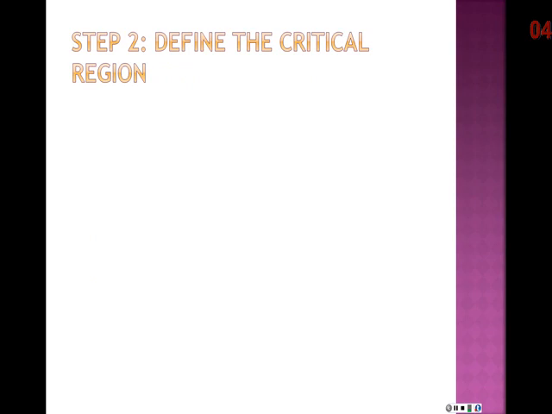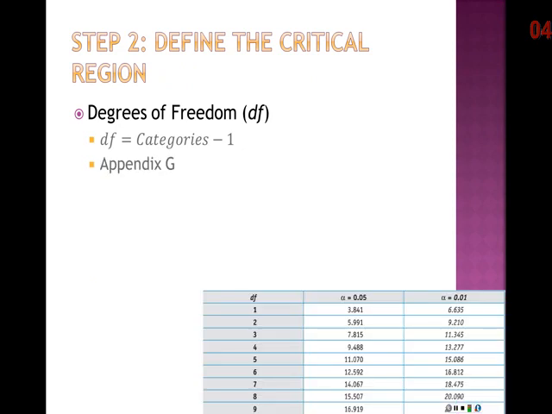Then what we need to do is move on and define the critical region. The critical region, just like the other tests that we've talked about, includes degrees of freedom. In this case, degrees of freedom equals the number of categories you have minus 1. And we find our critical region using Appendix G in the back of the book.